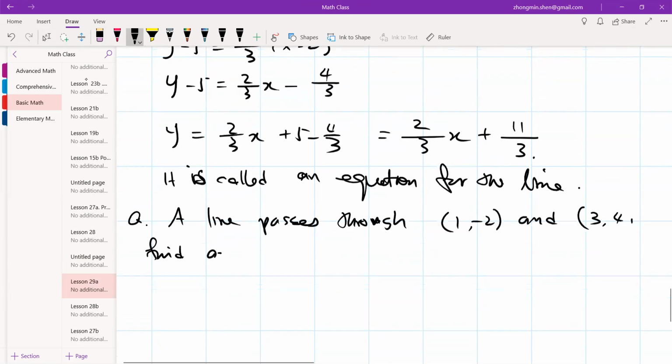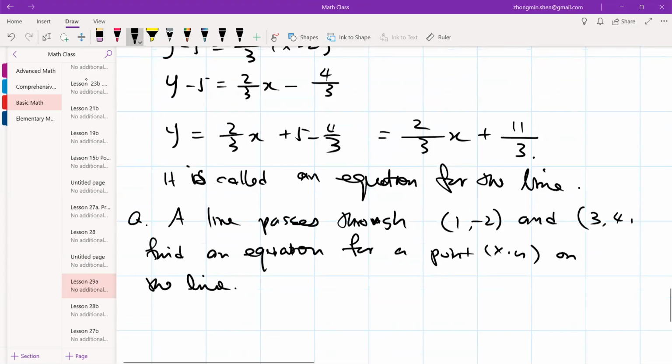Find an equation for the line. That means for a point (x, y) on the line.